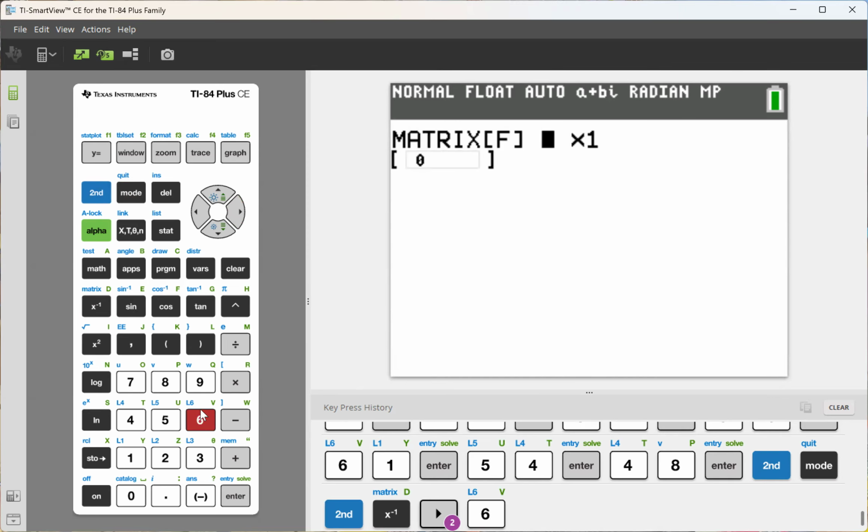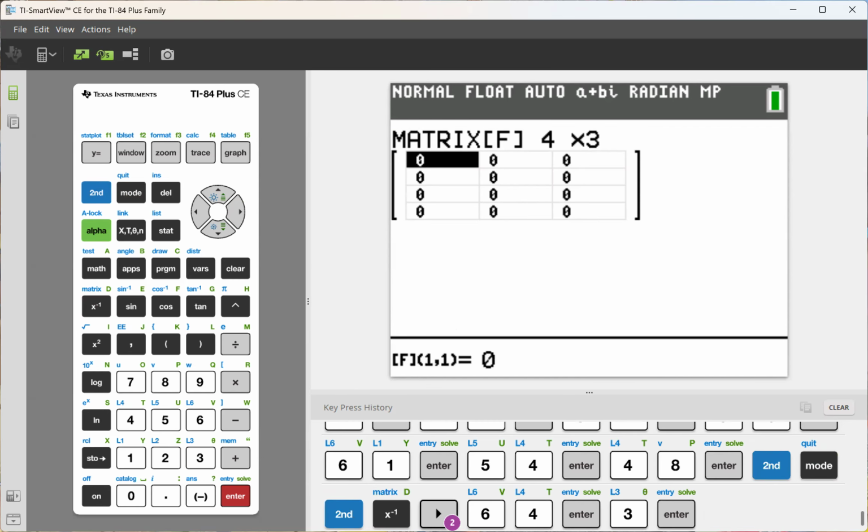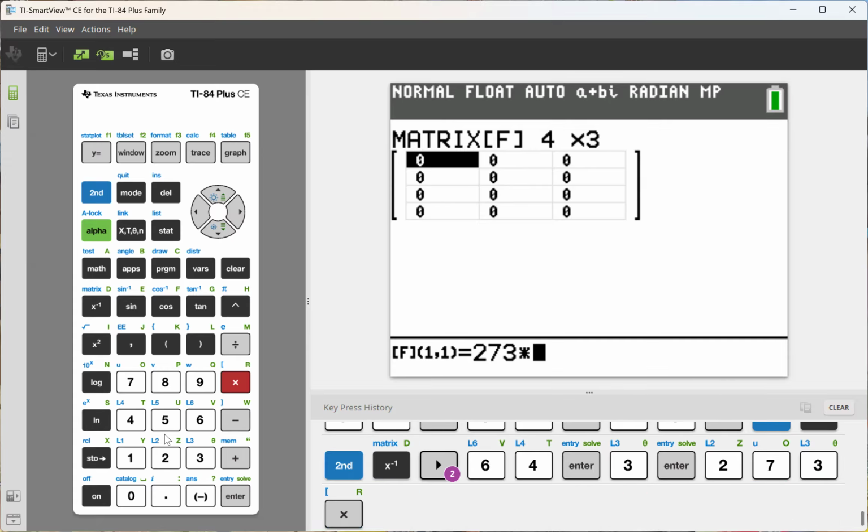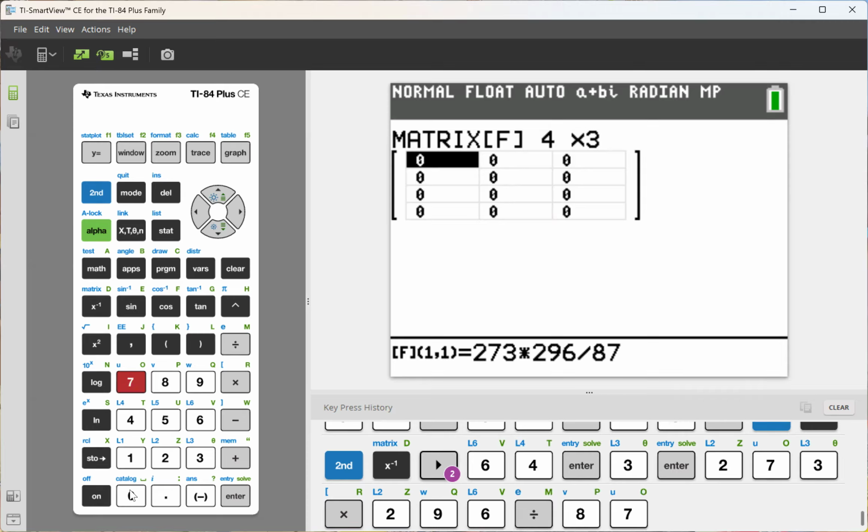Again, I have 4 rows, and I have 3 columns. And now we're going to do our calculation. So we have 273, which is the row total for that first row, times the column total, which is 296. And we're going to divide that by the total, which is 870.